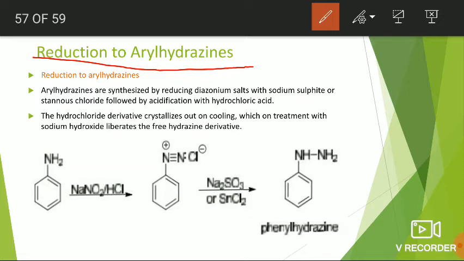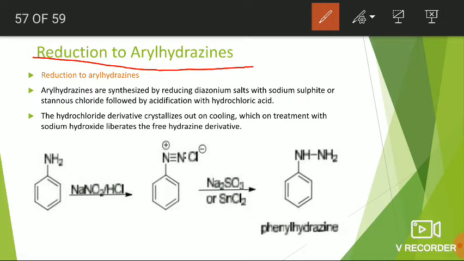That is conversion of diazonium salts into aryl hydrazines. Here hydrazine, the formula of hydrazine, is N2H4. If you replace one of the hydrogens of hydrazine with an aryl group, then we get the corresponding aryl hydrazine with a general formula ArNHNH2.